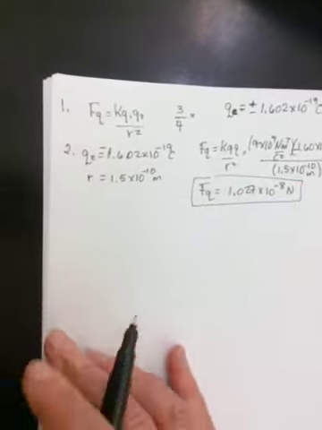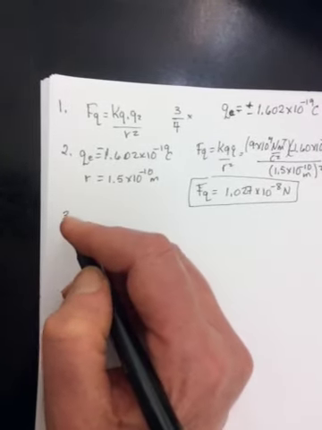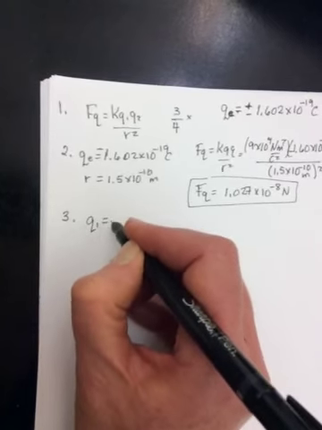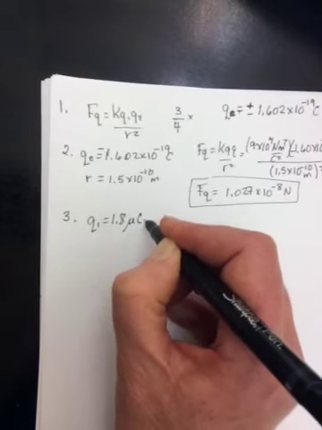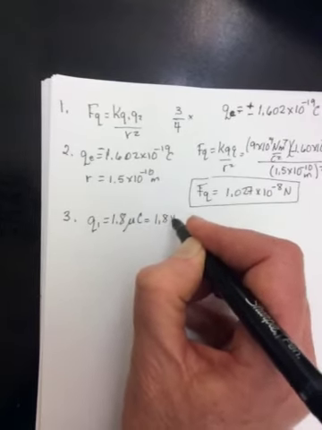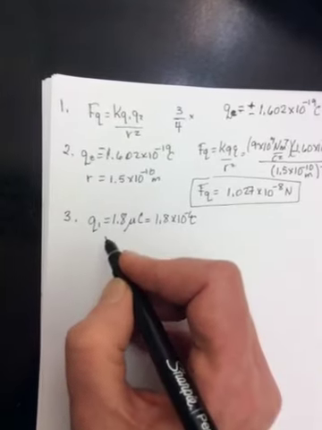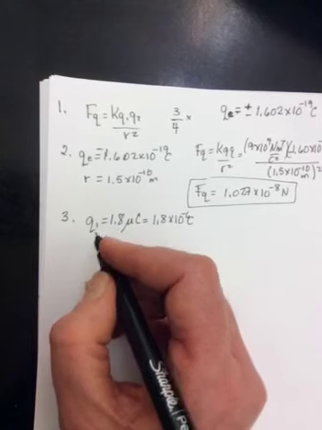Okay? Number 3. Sorry about that charge on the electron. Object A has a charge of 1.8 microcoulombs. That is 1.8 times 10 to the negative 6 coulombs. A coulomb is huge, so most times the charges are in microcoulombs.